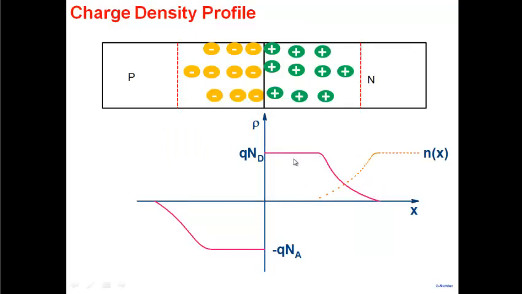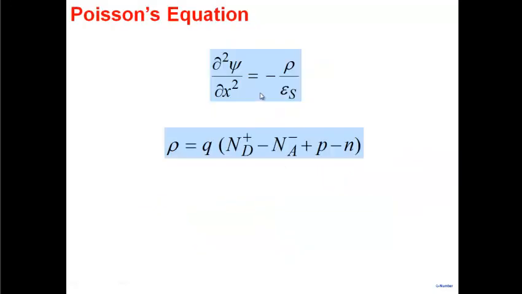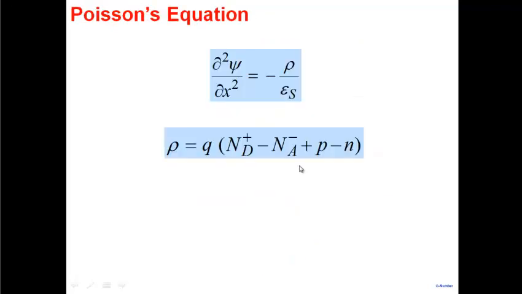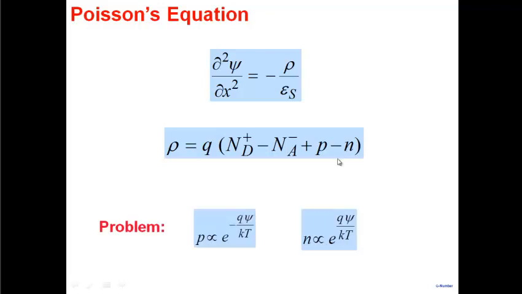Now the trouble is, as we have seen earlier, rho goes like this, and this rho is what we have to integrate using Poisson's equation. Poisson's equation tells us d squared psi by dx squared is minus rho by epsilon s. Rho in general is this one here. If I look at the N side, I don't have to bother about Na minus, and I don't even have to bother about p. So I'm left with Nd and minus n. Now, the trouble is that n and p both go exponentially with psi.